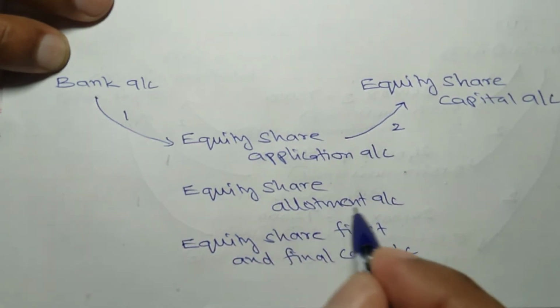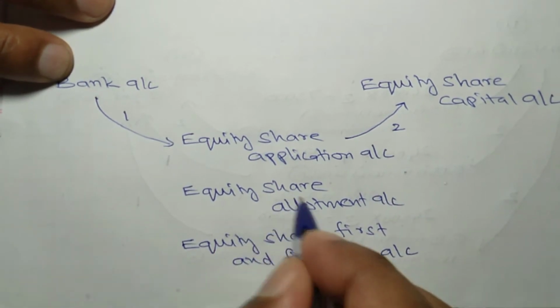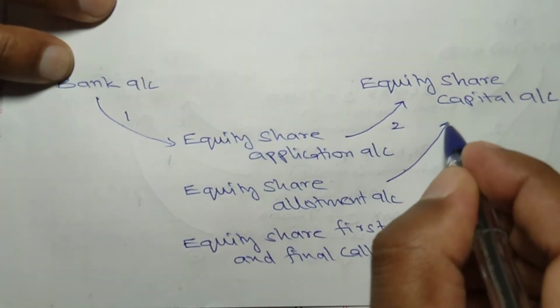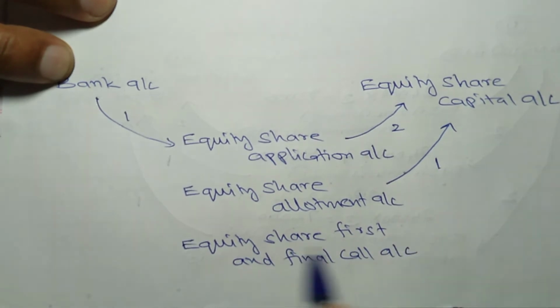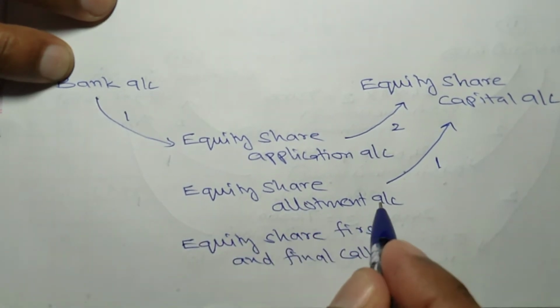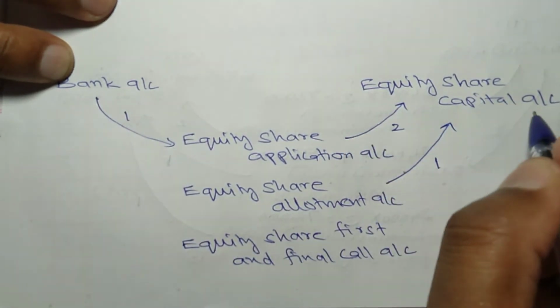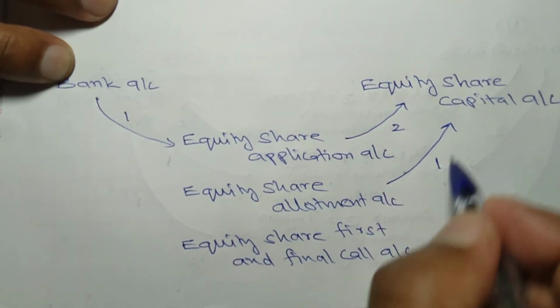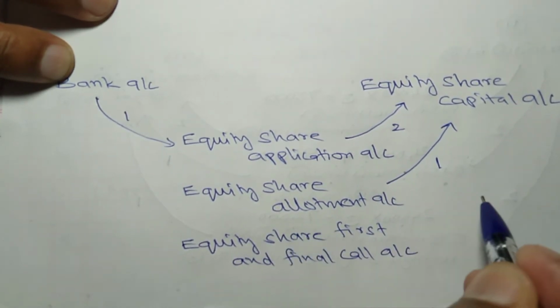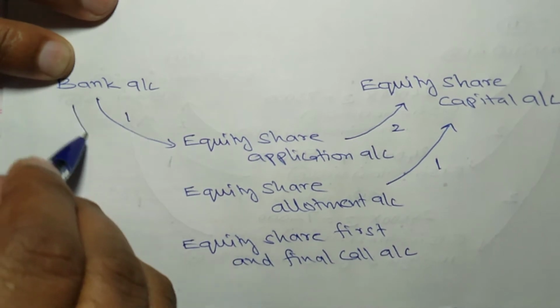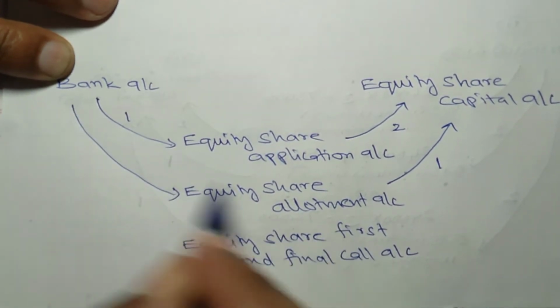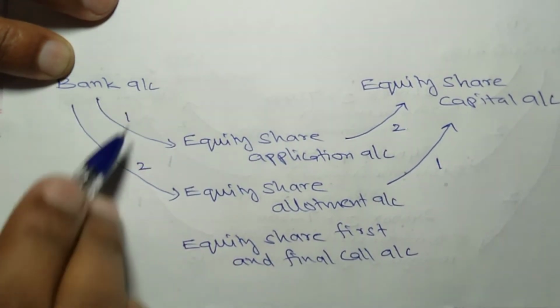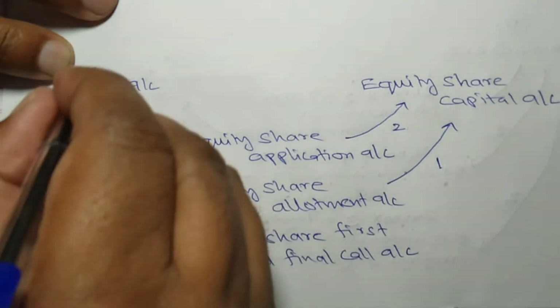Next entry you should start from here. So equity share allotment account debit to equity share capital account, first entry. That is allotment money due. Then received, bank account debit to equity share allotment account, second entry. Bank account is always debit.